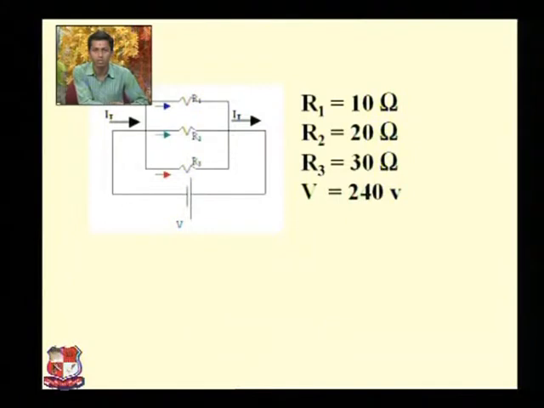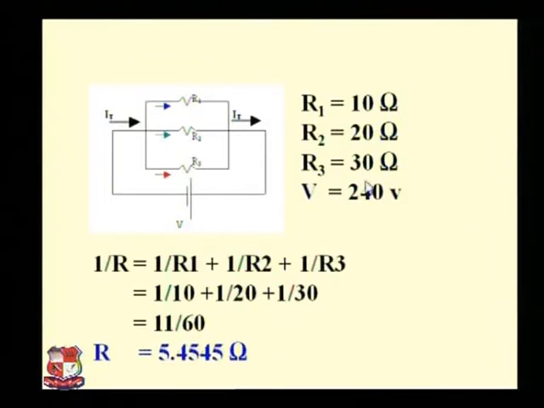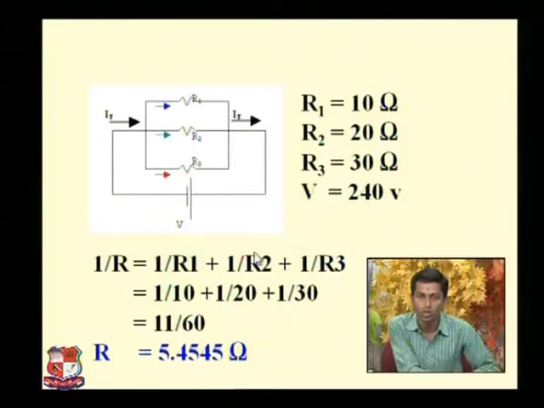So here 3 resistances are connected in parallel. R1 is 10 ohm, R2 is 20 ohm, R3 is 30 ohm and the voltage is 240 volt. So first we find the equivalent resistance. The equation for equivalent resistance in parallel is 1 upon R equal to 1 upon R1 plus 1 upon R2 plus 1 upon R3.